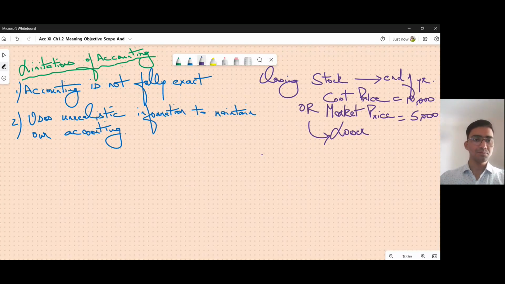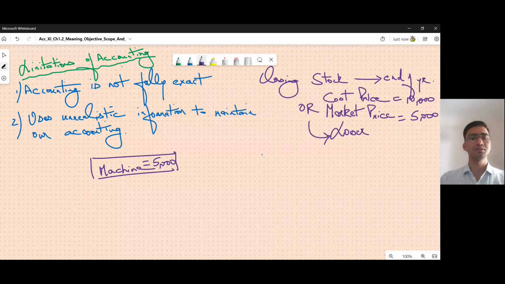Let's say I purchased a machine. This is my machine, and this has cost me 5,000 rupees. Once I purchase this today, I am going to show it in my books of accounts that I purchased a machine for 5,000 rupees.